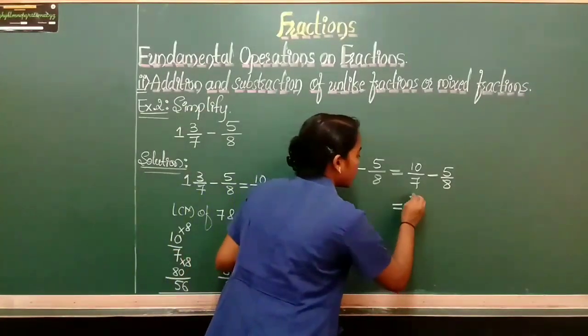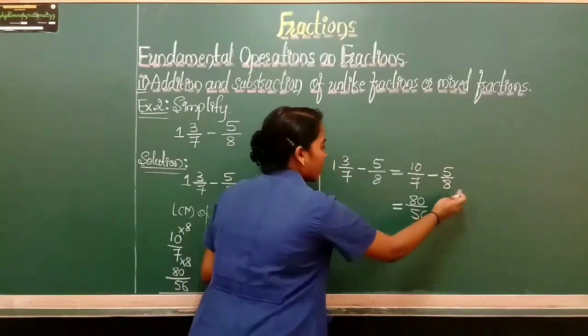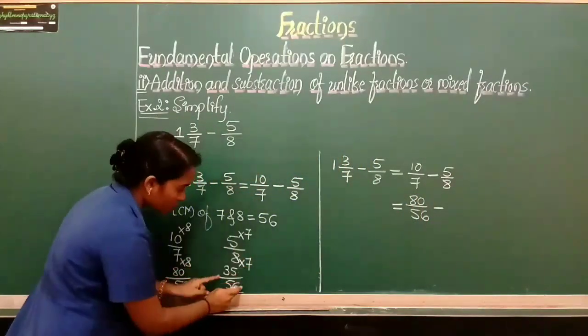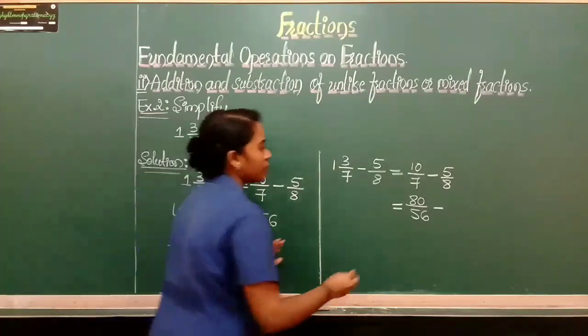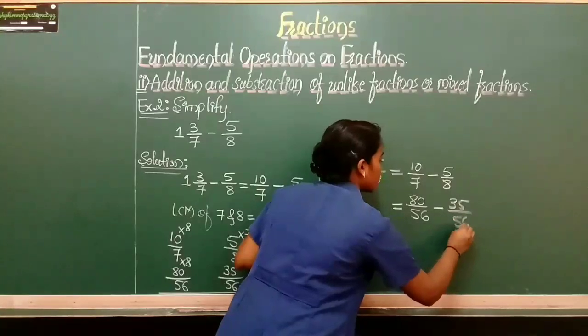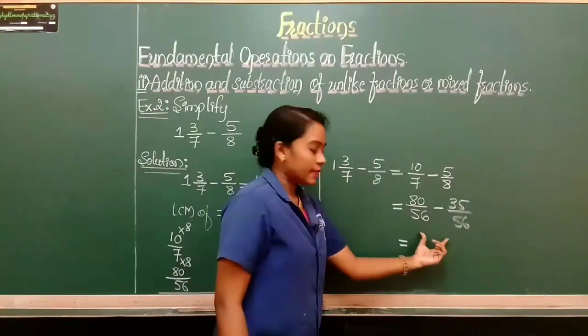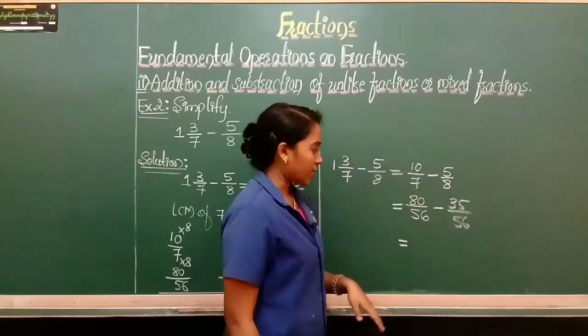Write it here, 80 by 56 minus 35 by 56. Now it is easy for you to subtract because these are like fractions.